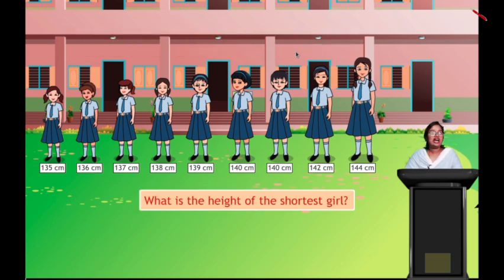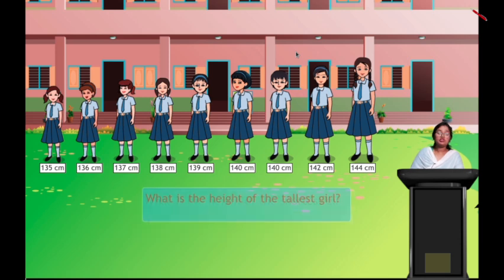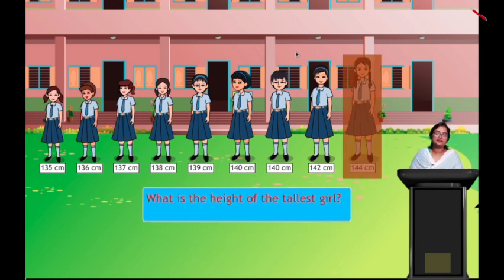What is the height of the shortest girl here? Yes, by looking at this we can tell that 135 centimeter is the shortest girl's height. Then what about the height of the tallest girl? Here we can say it is 144 centimeter.